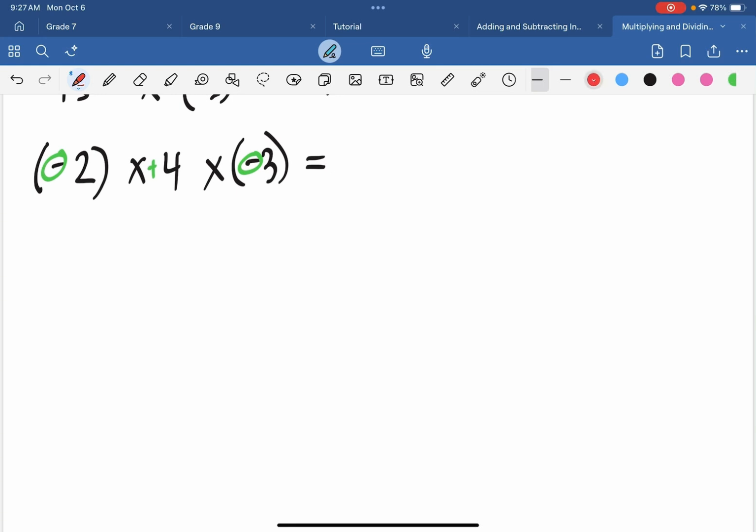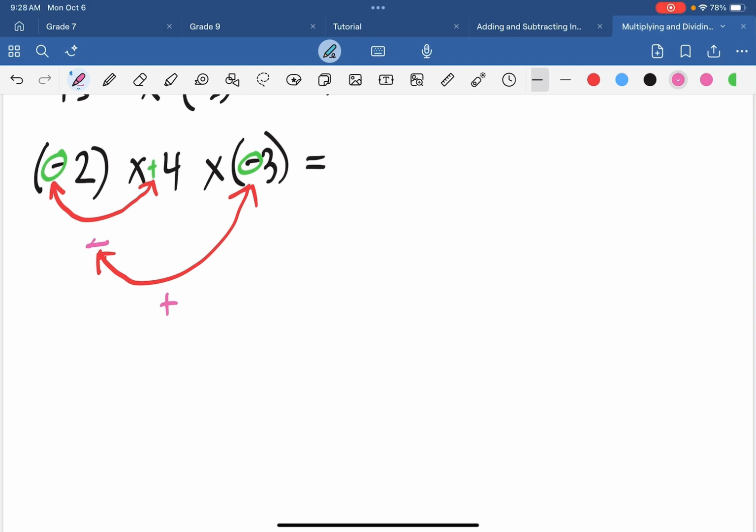So let me have a notation here again. Negative times positive here is negative, and the result of the two is negative, and negative times negative is positive. So that means our answer here should be positive.